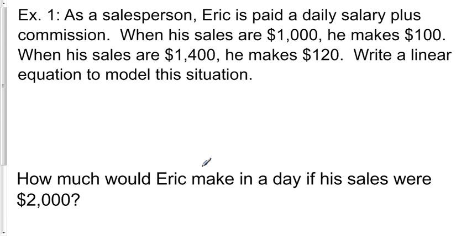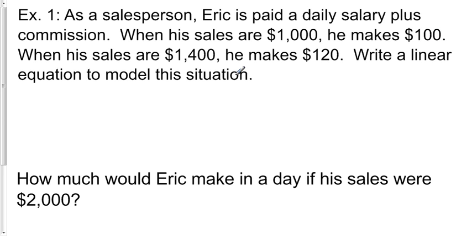So here we have to figure out what X and Y are going to represent, and then we can write a linear equation. I would say that his commission depends on his sales, so our X value has to be the sales, and the commission that he makes would be our Y values.